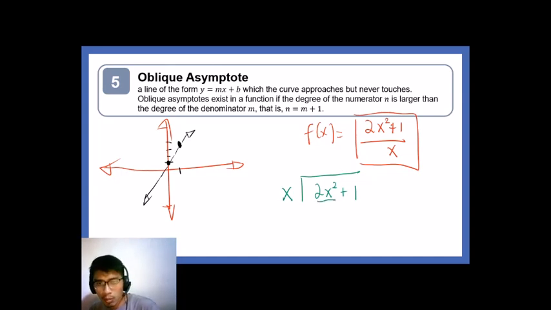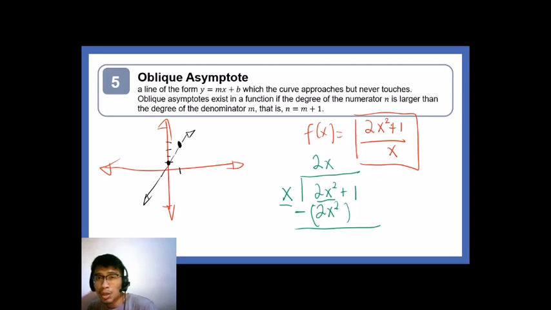So 2x squared divided by x, so simply how many x do we need in order to get 2x squared? I need 2x times x, that is 2x squared. Always remember that in a division we have to subtract here.